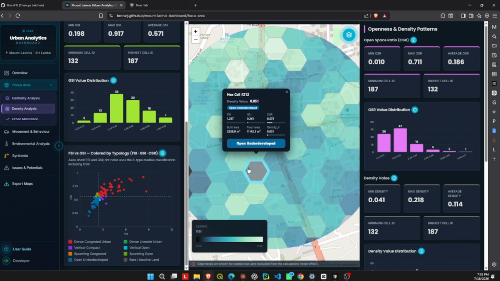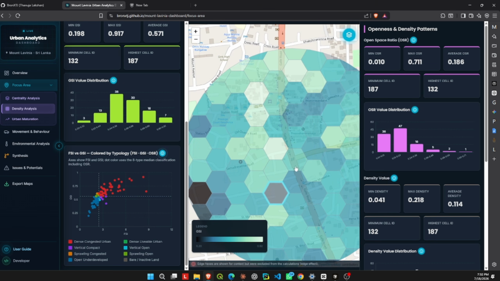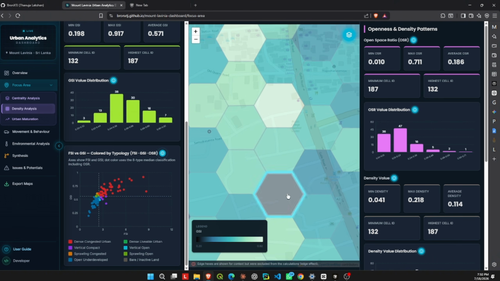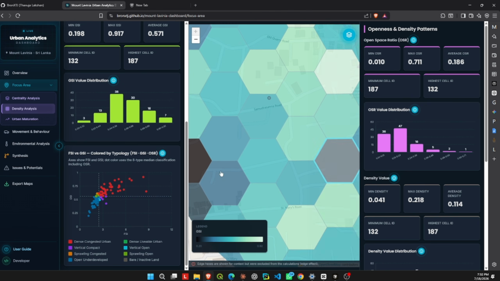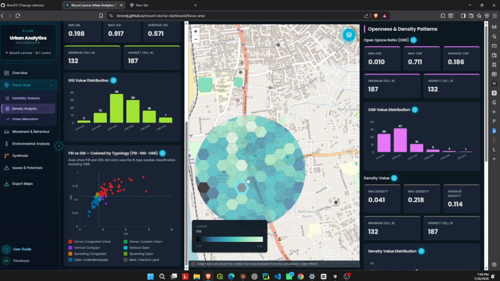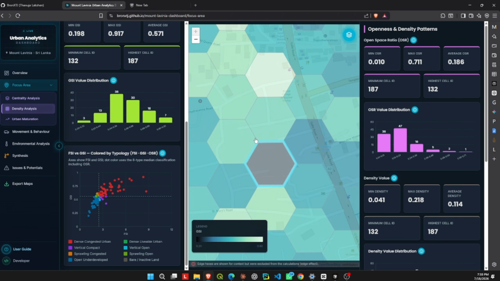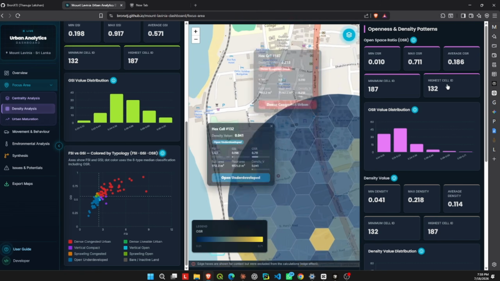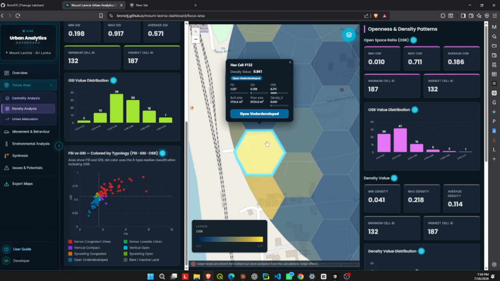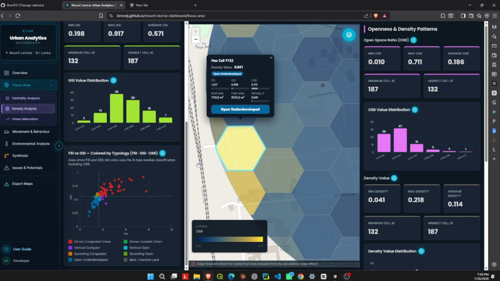Most of the time, open areas either have open ground or something similar, and all of these areas have canopy cover. Now for the openness and density pattern, we can analyze the highest and lowest ones. All the highest ones have low building cover with canopies and open space, related to the Okanda temple area.